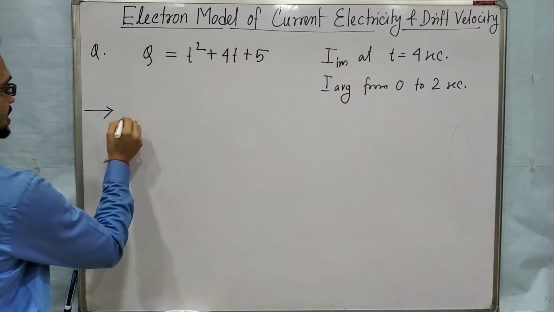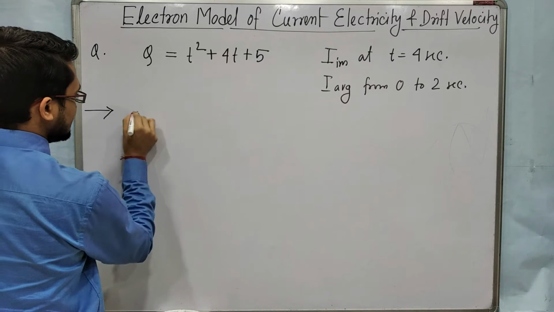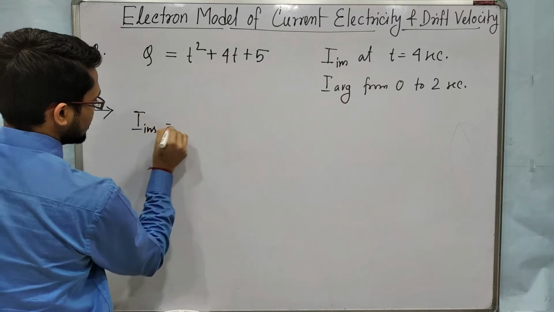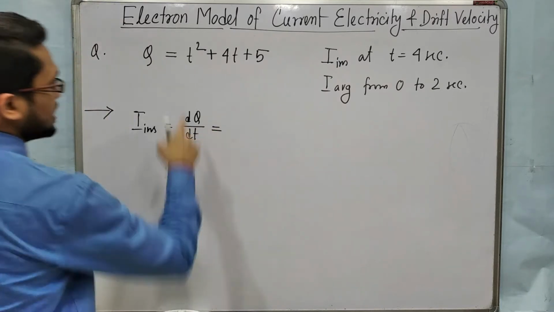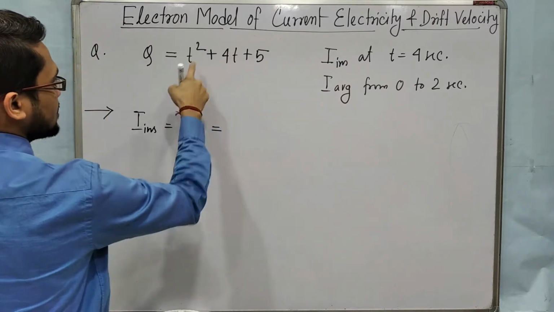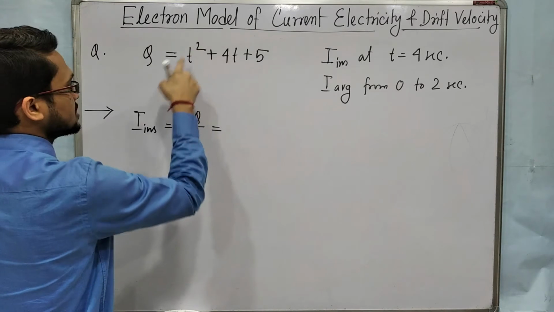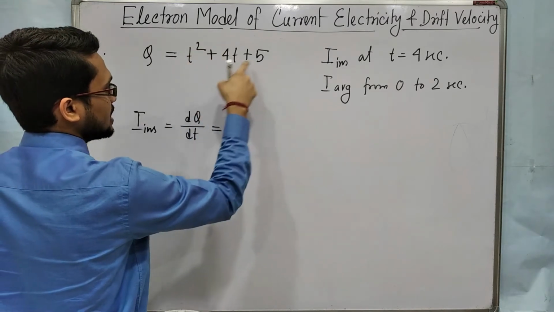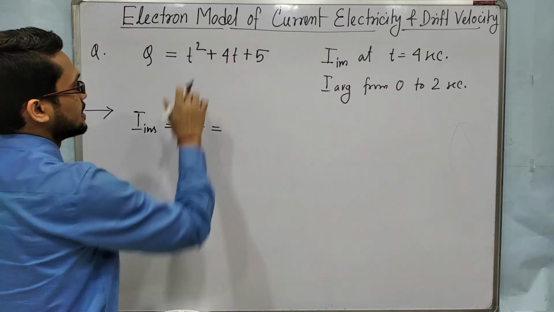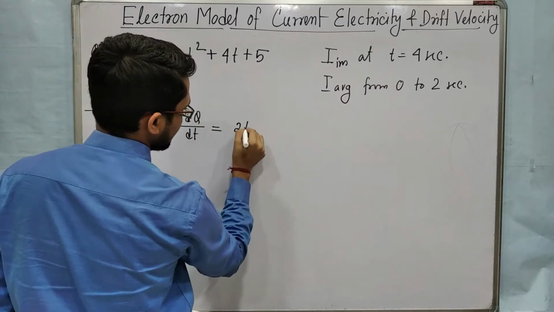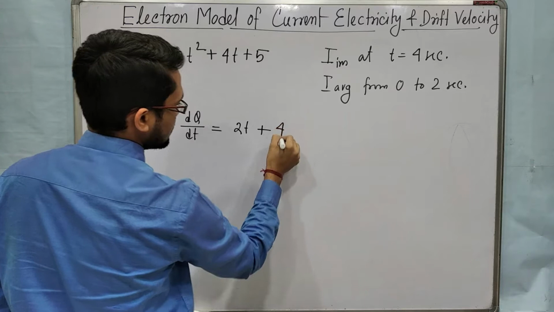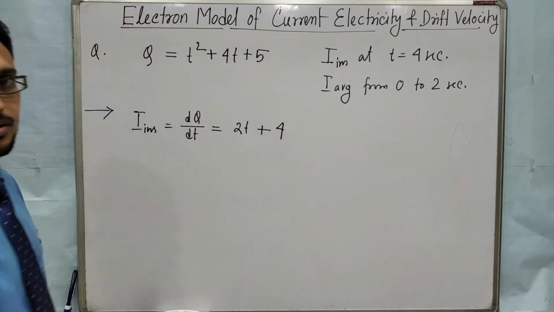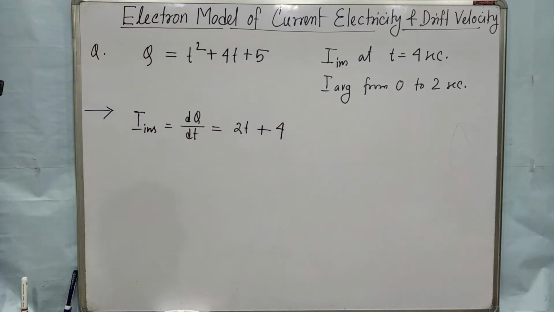So I instantaneous will be dq/dt. The derivative of t square is 2t, the derivative of 4t is only 4, and the derivative of 5 is 0. The derivative of any constant number is always 0.